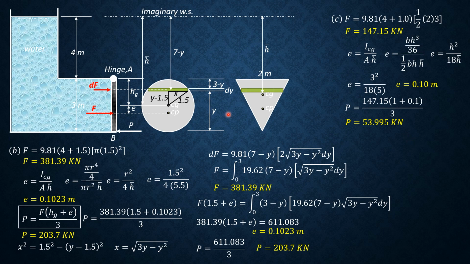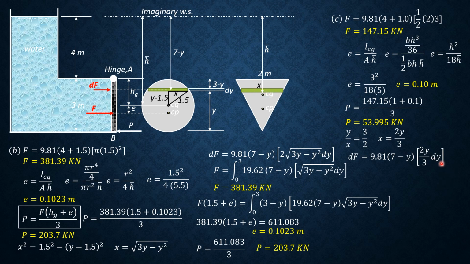By integration, let's have a strip. Let's call the length of the strip x. The thickness is still dy. You just look at that projection. So y as to x equals 3 as to 2. So that means x is 2/3 of y. And so differential f equals 9.81 times 7 minus y times differential area of the strip, which is x dy, or 2/3 of y dy.